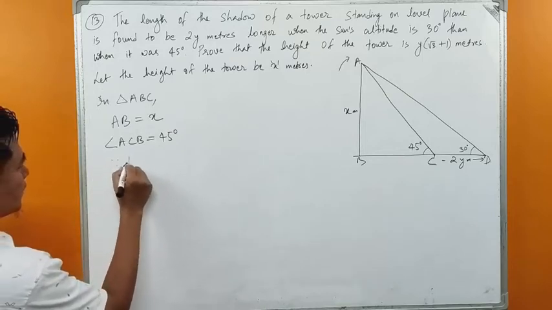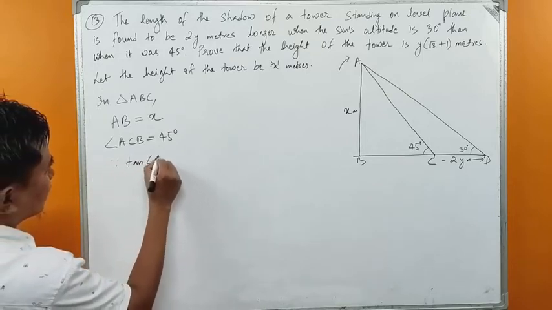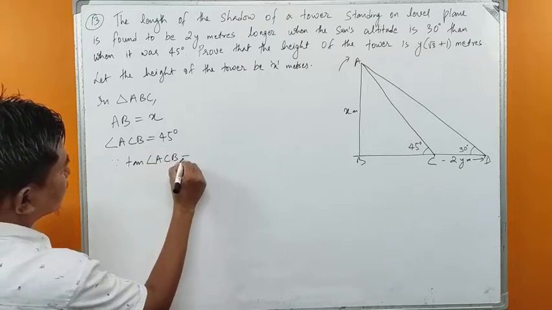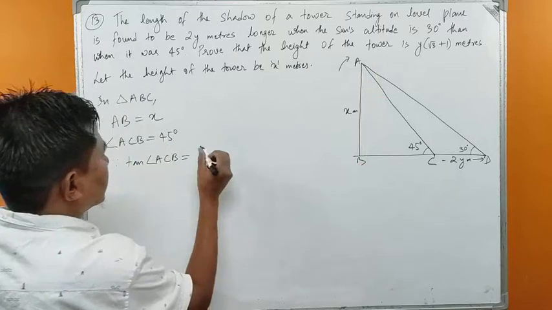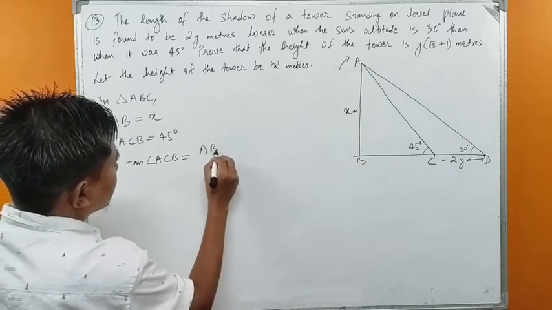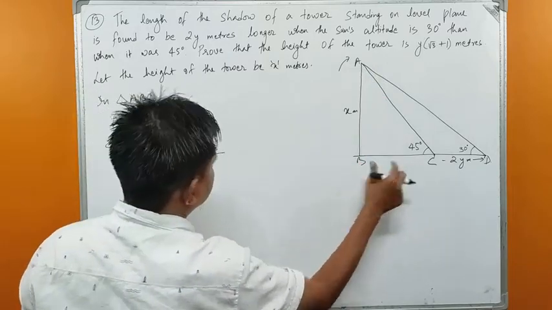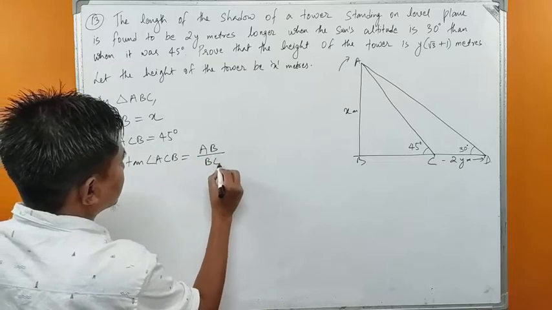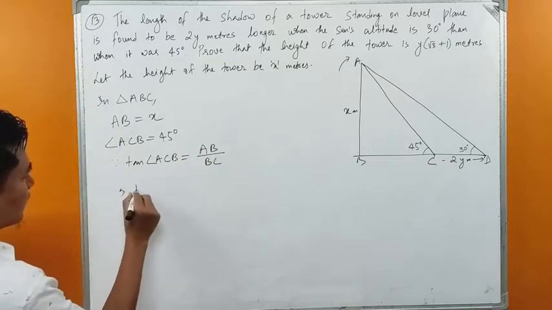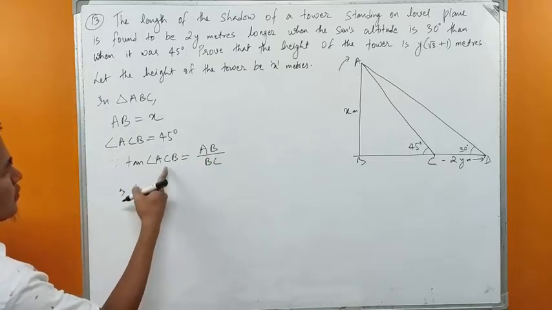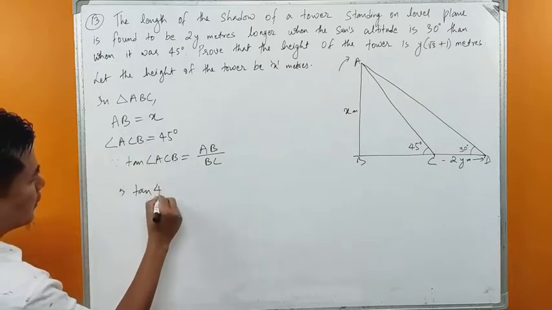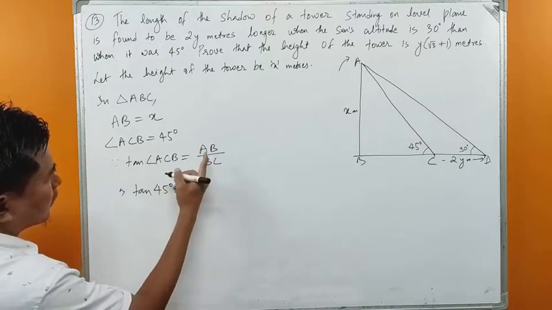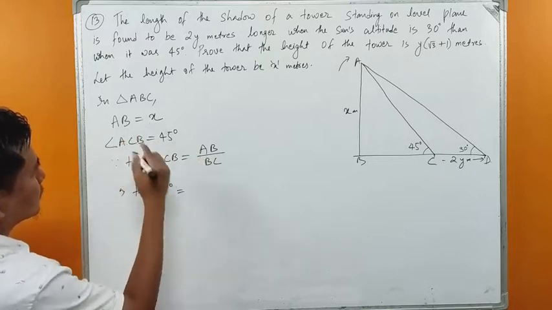Since tan of angle ACB equals to tan theta means perpendicular upon base, so AB will be the perpendicular. AB by base is BC, isn't it? Or tan ACB means 45 degree equals to AB is x.